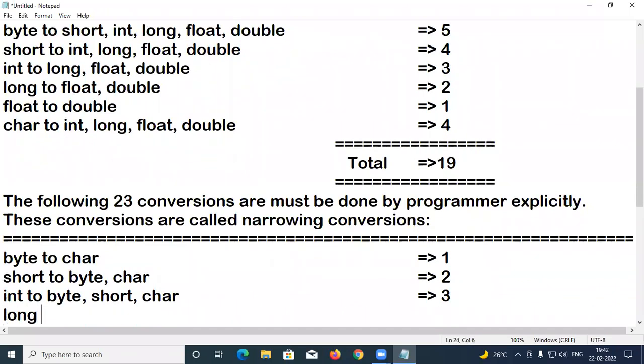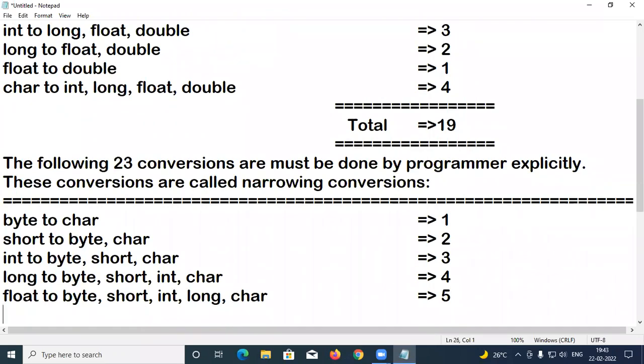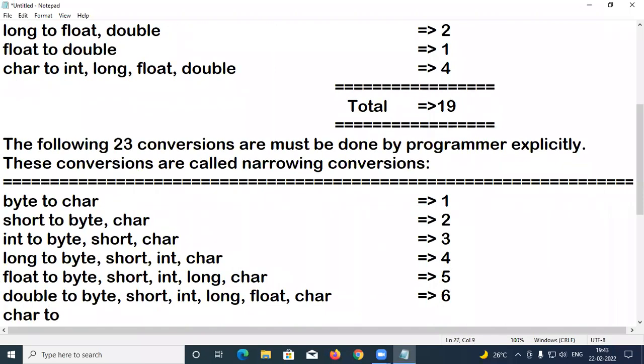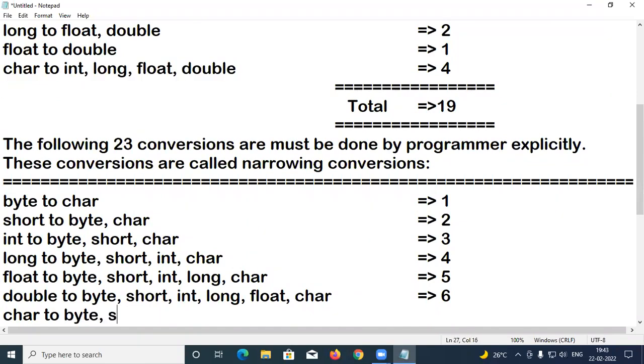Next line, long to byte, short, int, char. How many? 4. Next, float to byte, short, int, long, char. How many? 5. Double: byte, short, int, long, float, char. How many? 6. Char to byte not there, short not there. How many? 2.